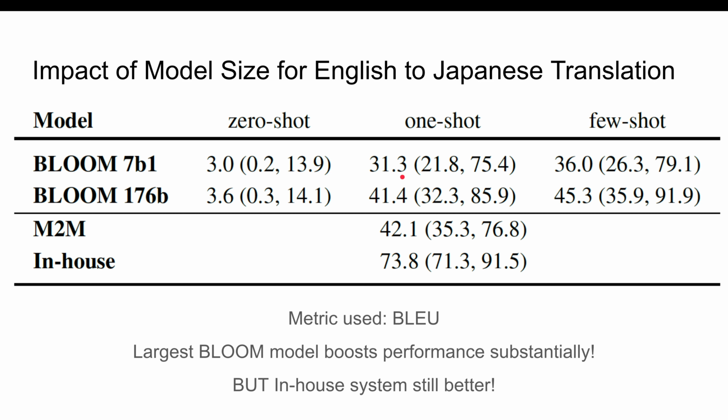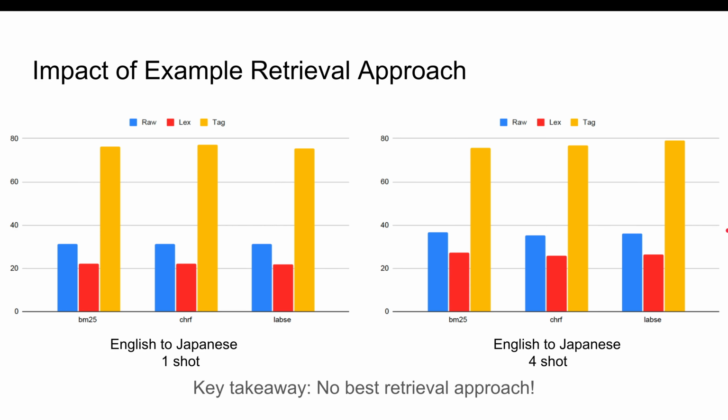Especially in a 4 shot setting, this 176 billion parameter model is at least 10 points better, no matter the raw, lex, or tag scores. Note that the tag score for the 176 billion parameter model surpasses that of the in-house system, which means these LLMs definitely have promise for tag transfer. We also studied the impact of the example retrieval approach.